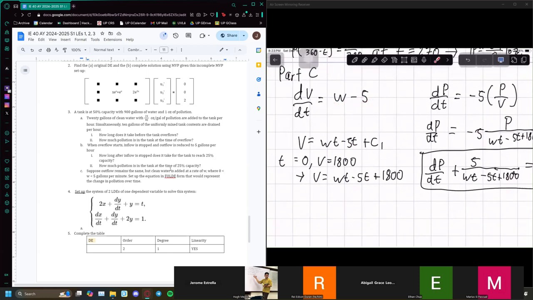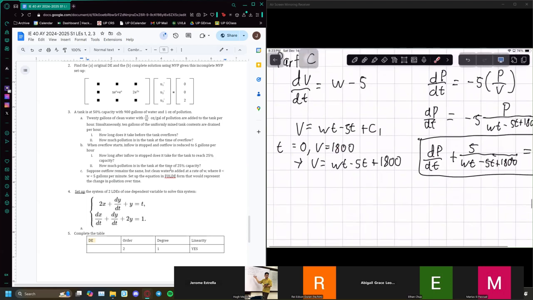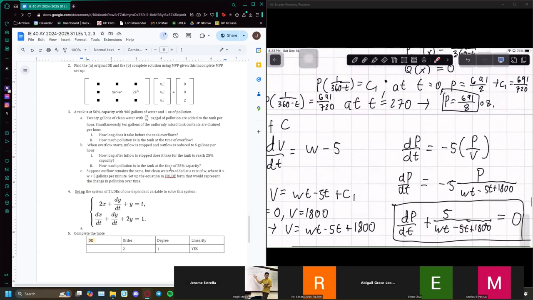Integrate both sides again to get Wt minus 5t plus C1 as the function of V in time. And then clear the C1 with initial conditions. T equals 0, V equals 1,800. So V as a function of time is Wt minus 5t plus 1,800.